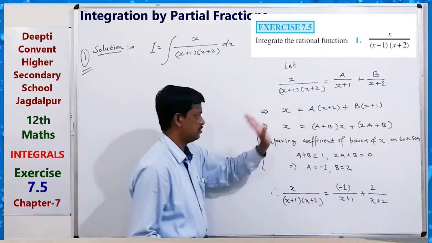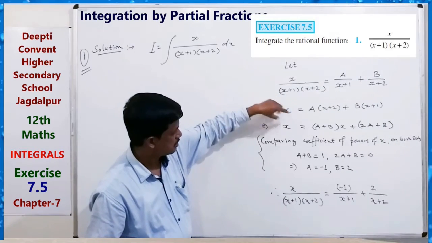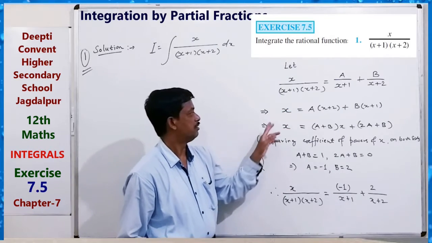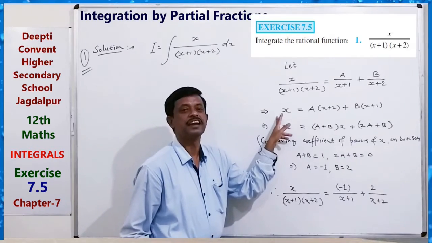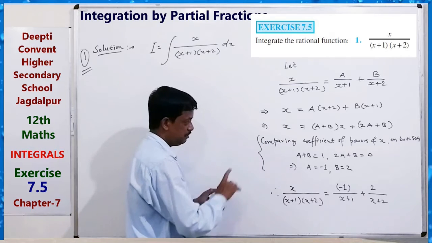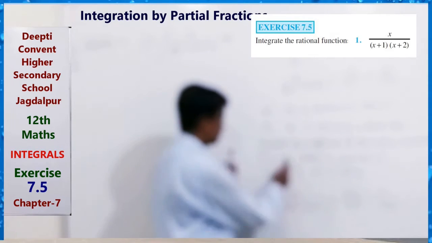Also here you can use this line directly to get the values of A and B. How?